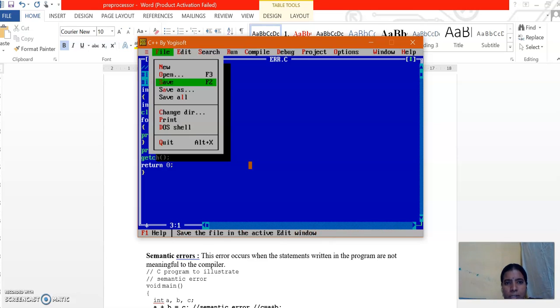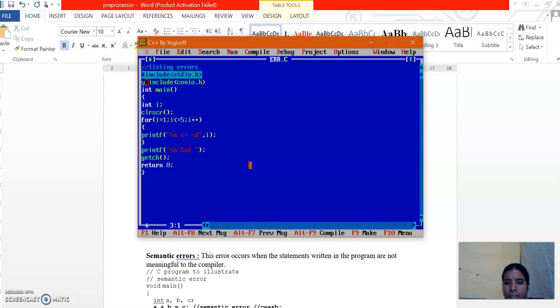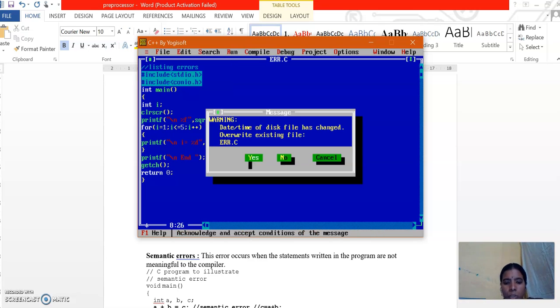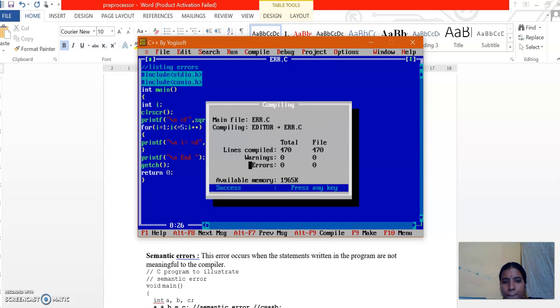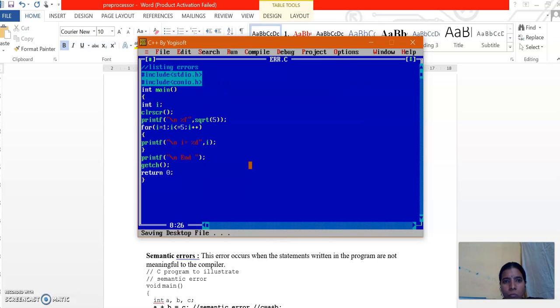When you find a standard file missing, for example, let us use a function sqrt which is available in math.h. I want to find out the sqrt of 5. So printf, backslash n, %f, comma, sqrt of 5, a function which is available in math.h. Save your code, compile and run.